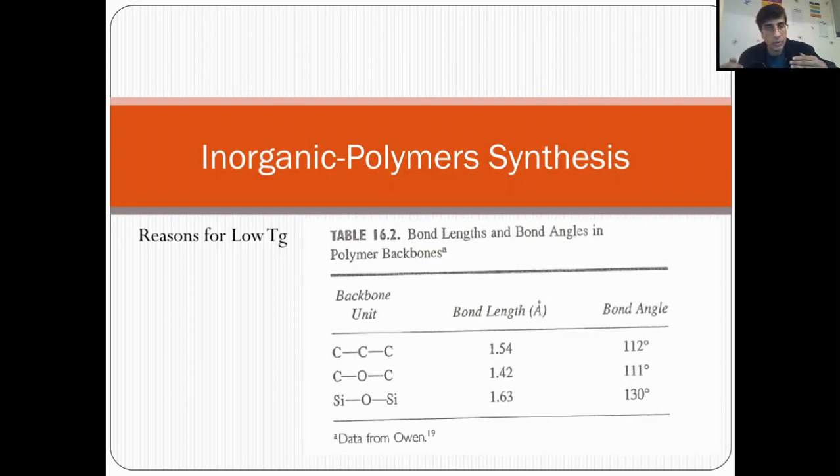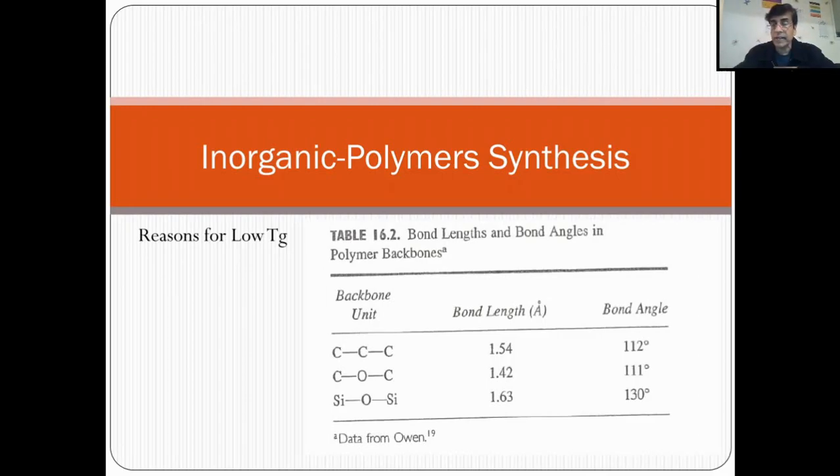Now if this movement takes place very easily, with no restriction, then the glass transition temperature will be low. And if I am moving this chain and this chain, but there is some cross linking or some bigger bulky group or other things which I will discuss later, putting hurdles and restricting the motion, then it will increase the Tg.